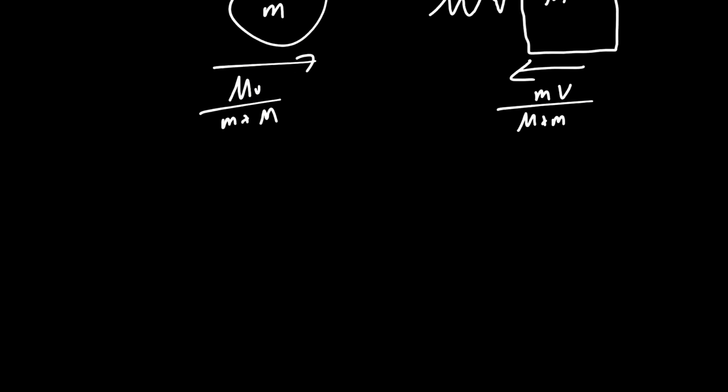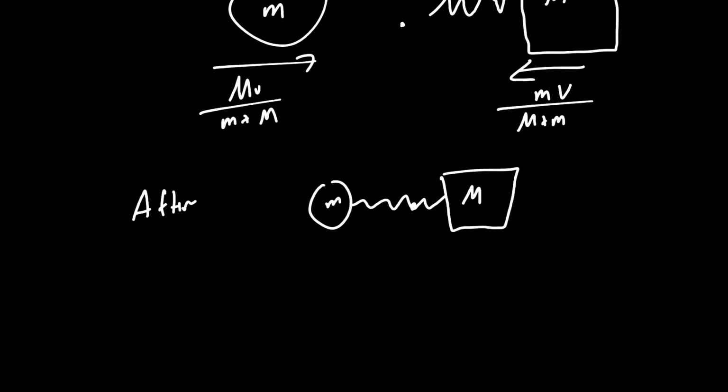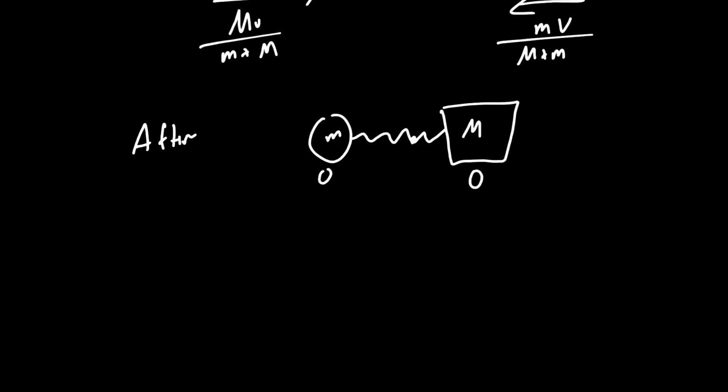My after, I'll have that dot as the center of mass, and after the little mass and the big mass will be at the maximum compression, moving with 0 speed, but of course at the maximum compression. And the maximum compression can be characterized as x.